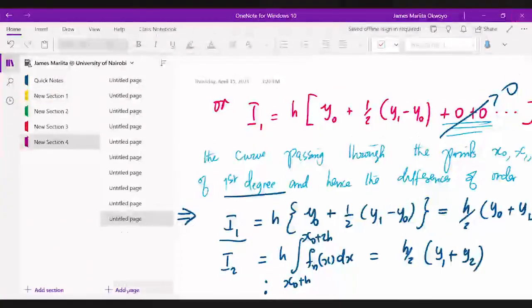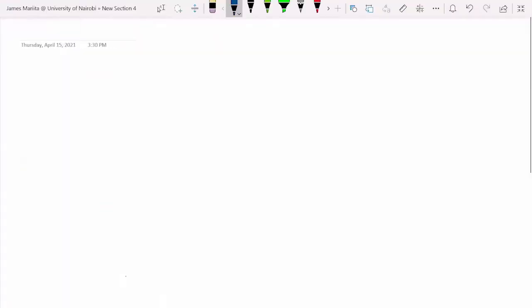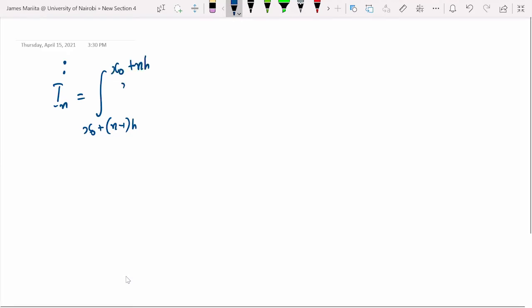Then in that case, we can have the last one. We have that will be the integral from x0 plus (n minus 1)h to x0 plus nh, that is b now, of f dx, and this will be equal to h over 2 times y(n minus 1) plus yn.